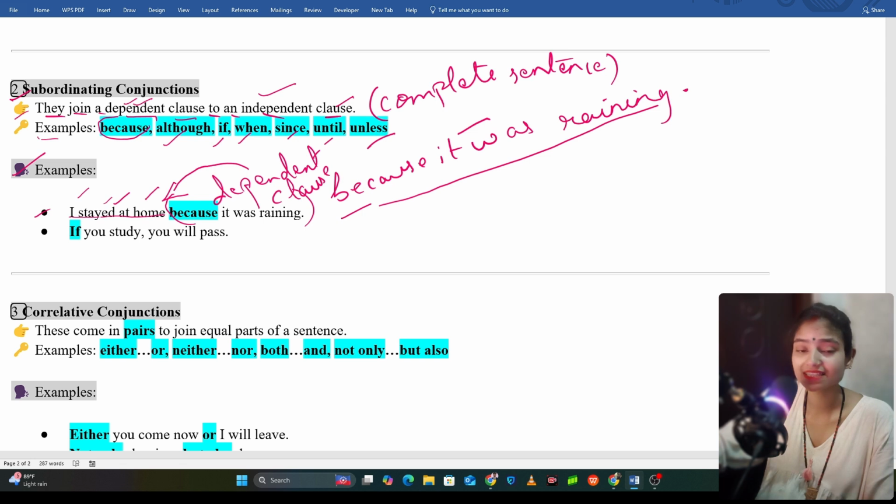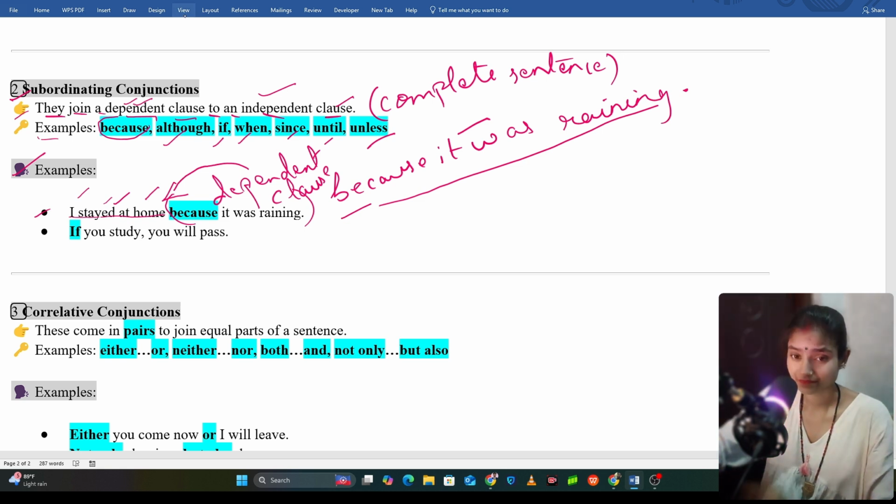This sentence is not going to stand alone. It is going to take the help of an independent clause, which will say, yes, I'm going to stay with you. Then only will this sentence become complete.